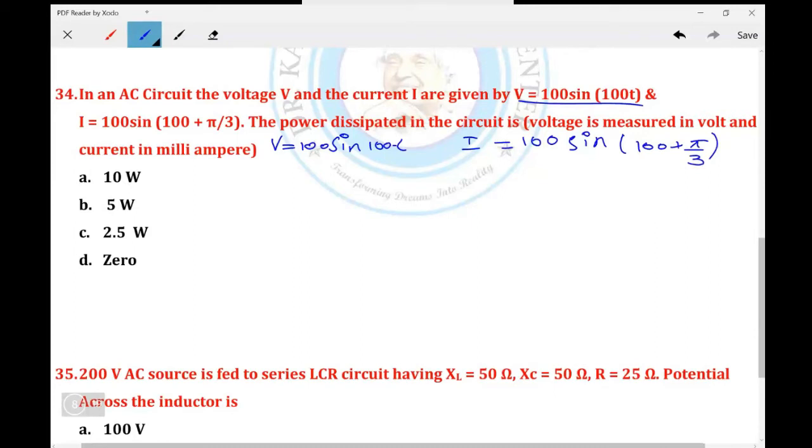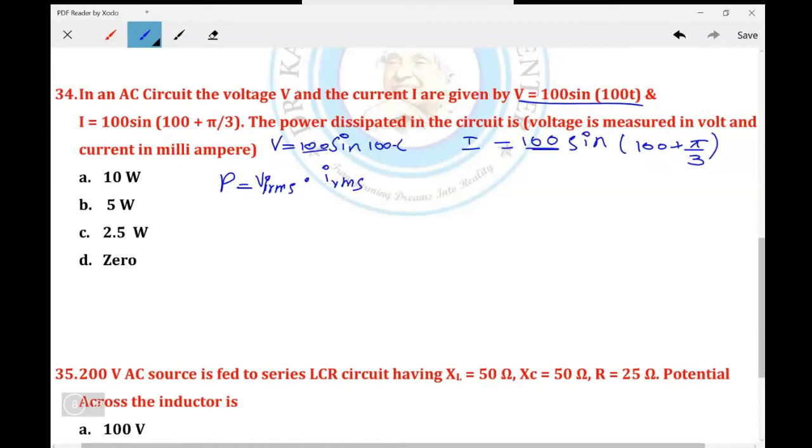The power dissipated in the circuit. So they're asking power. Power is given by V into I. Since in AC circuits we use VRMS into IRMS. If you write the original equations, you will understand these are peak values, right?